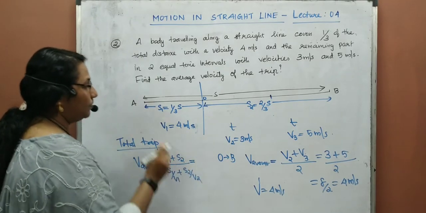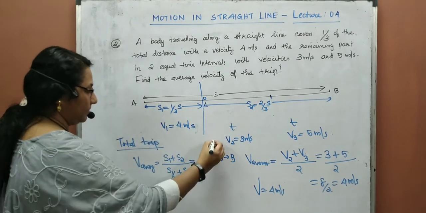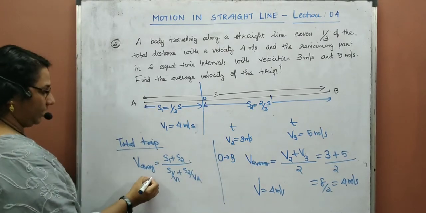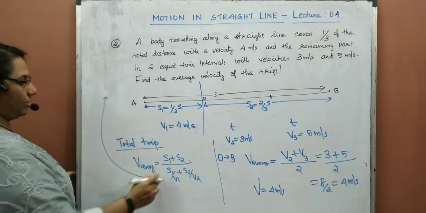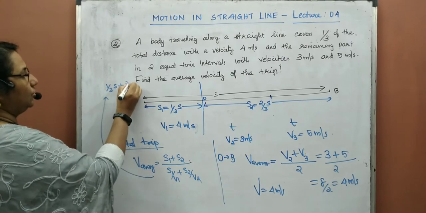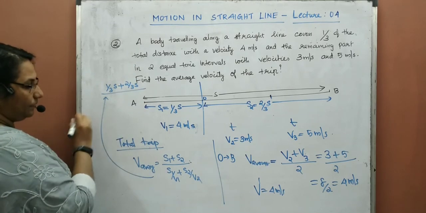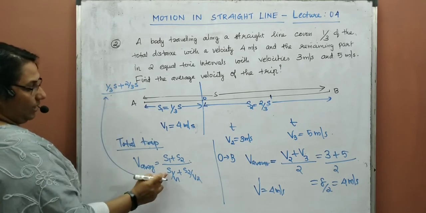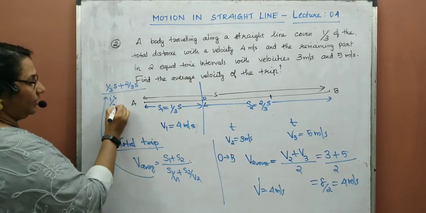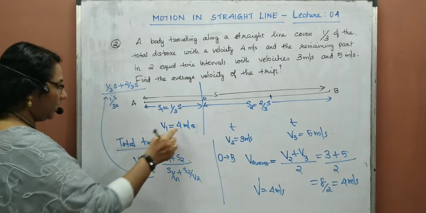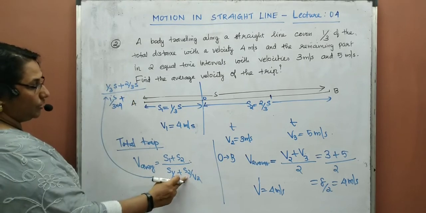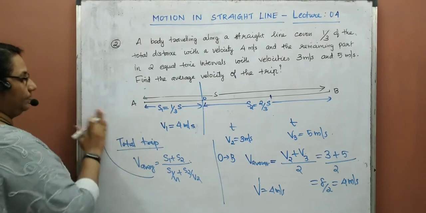Then this is 1 by 3S. We will write here. Go to this point. The equation becomes 1 by 3S plus 2 by 3S by S1, 1 by 3S into V1. V1 is 4. Okay. Plus S2 is, no space.